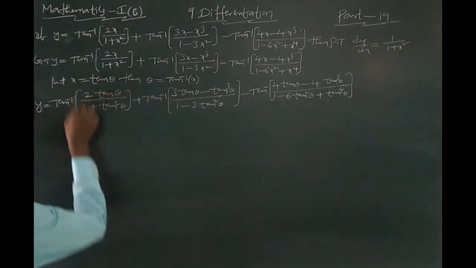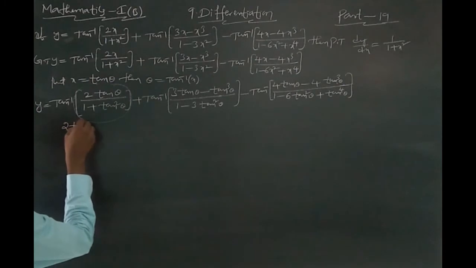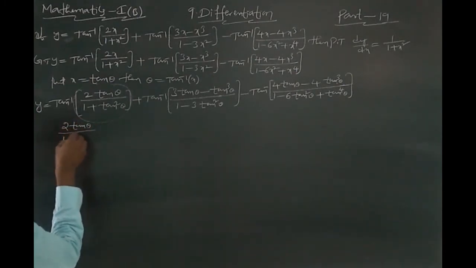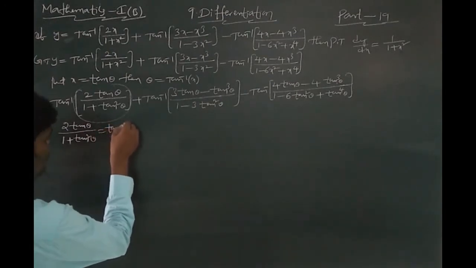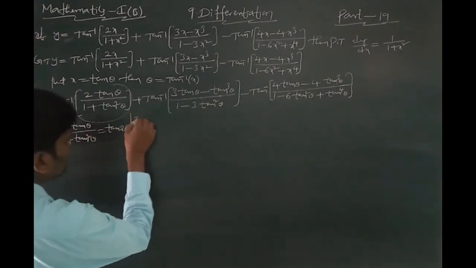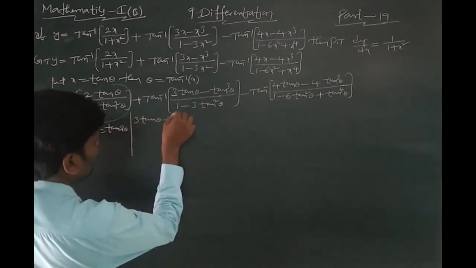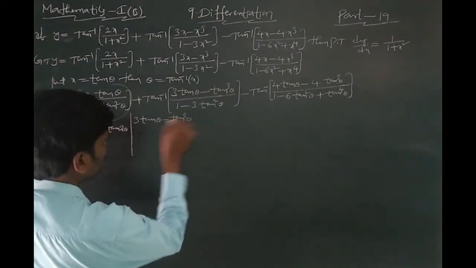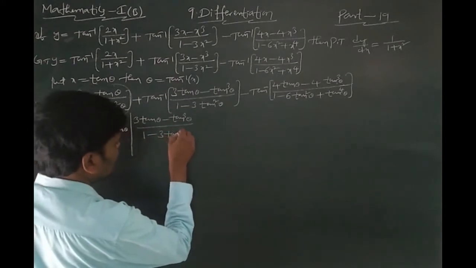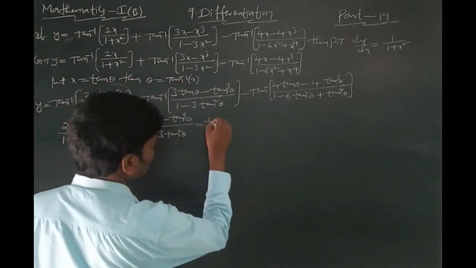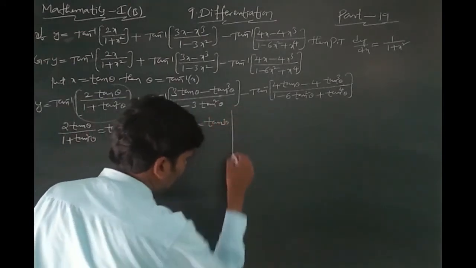After that, 2 tan theta by 1 plus tan square theta is tan 2 theta. Then (3 tan theta minus tan cube theta) by (1 minus 3 tan square theta) is tan 3 theta.